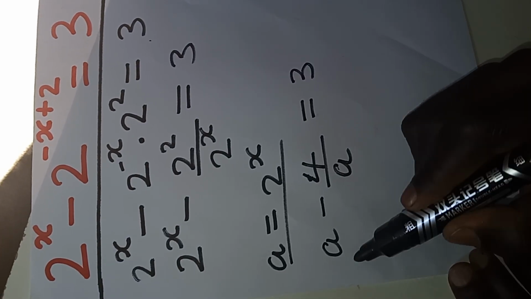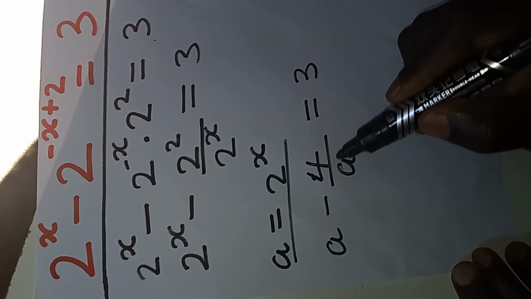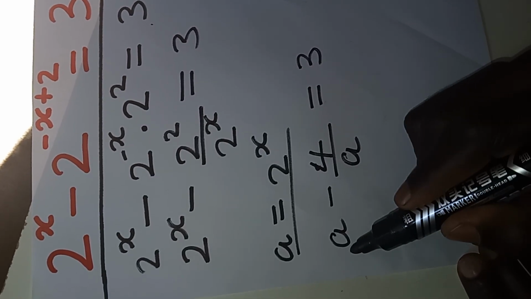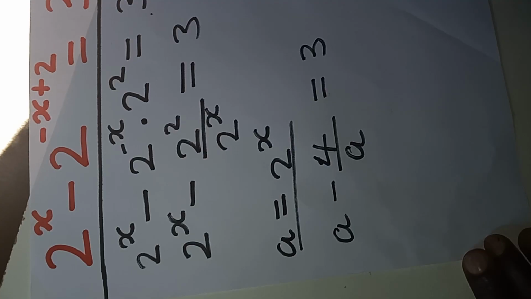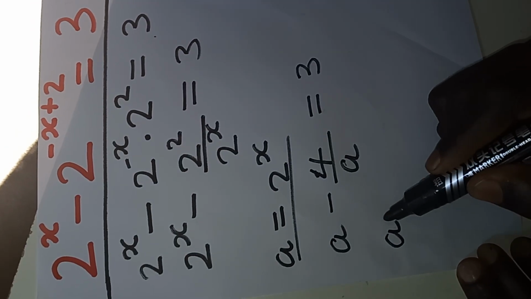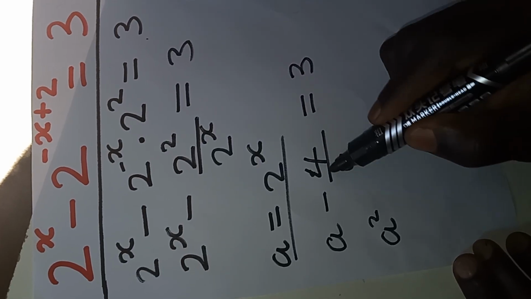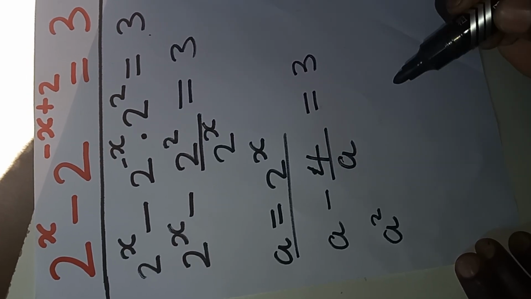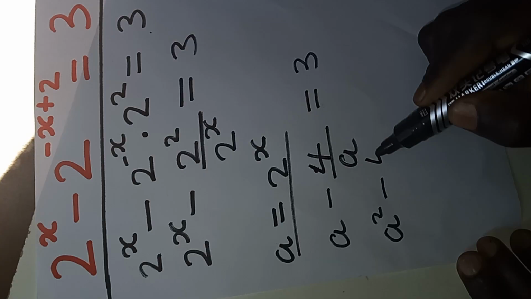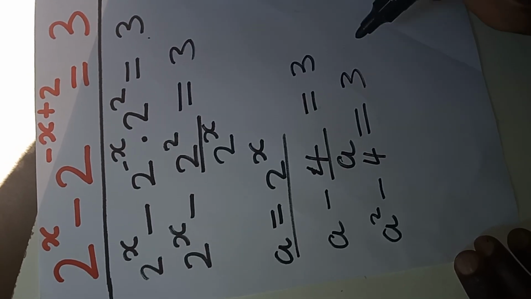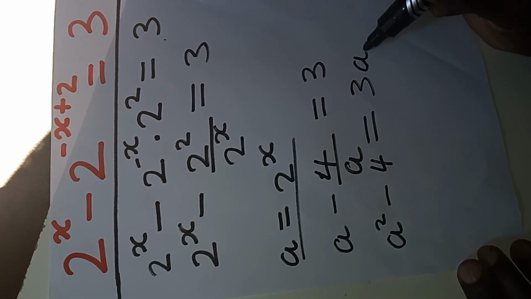So now I'm going to multiply the whole equation by a, just to get rid of this denominator, which is the a here. If I multiply this whole equation with a, it becomes a squared, because we've multiplied with a. And when we multiply this part with a, this a cancels the a we are multiplying with to leave us a 4 there. And we equate it to this 3 multiplied by a, it becomes 3a there.